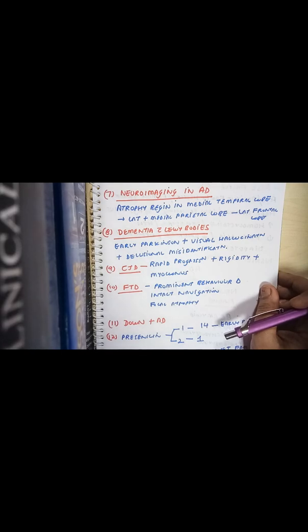Now the next important dementia is dementia with Lewy bodies. What is the characteristic picture? It is early Parkinsonism with visual hallucinations and delusional misidentification syndrome. Now if a patient has rapidly progressing dementia with rigidity and myoclonus, you can suspect Creutzfeldt-Jakob disease and Hashimoto's encephalopathy.